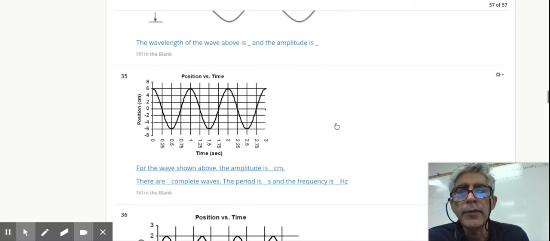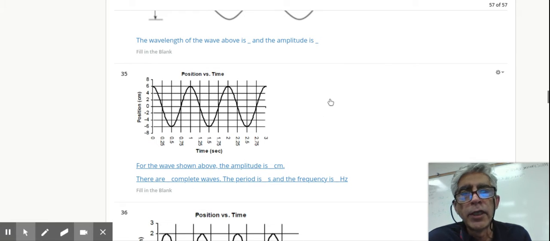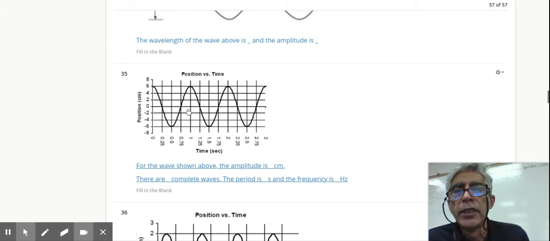All right, now let's look at this waveform here. This is position versus time. This tells you the height of the wave, and this tells you the time as it travels. So with something like this, it's easy to find the amplitude, which would be from the middle point here all the way to the top. And it's easy to find the period, which is the time it takes to go from here to there.